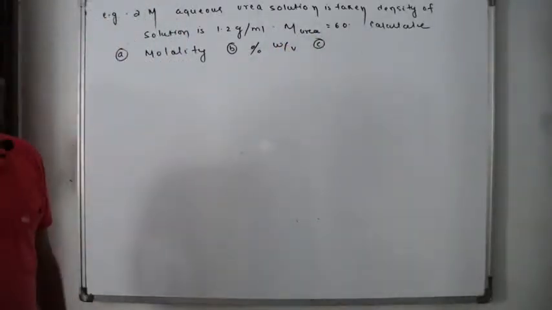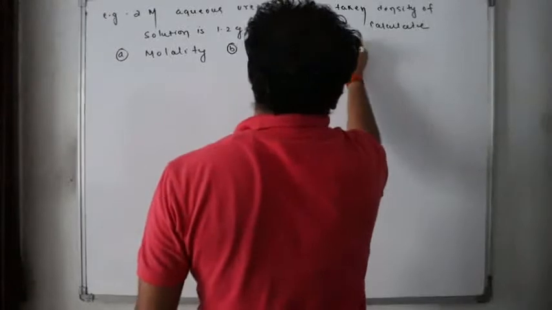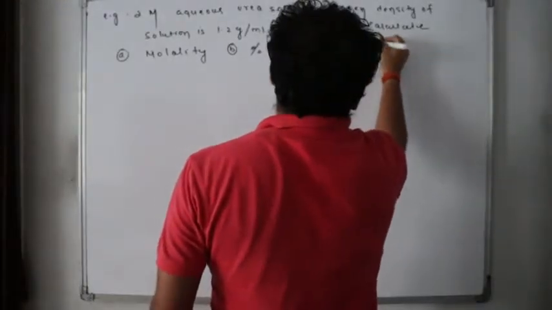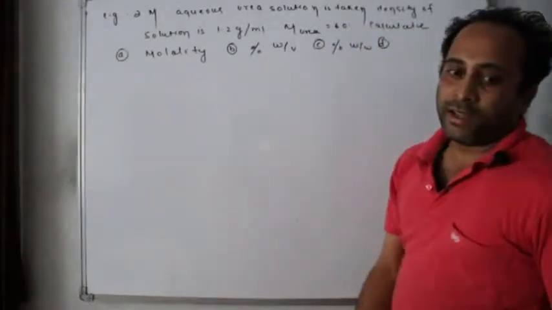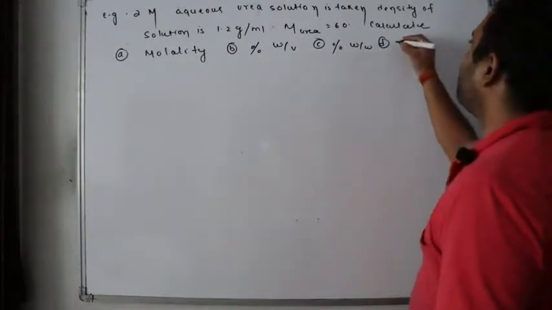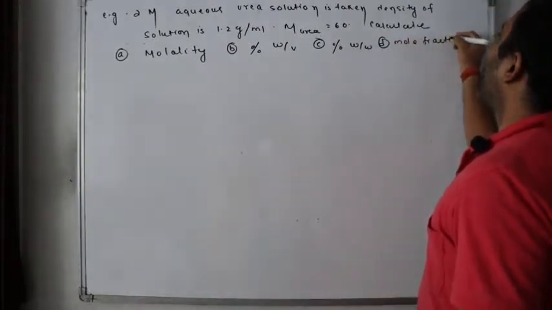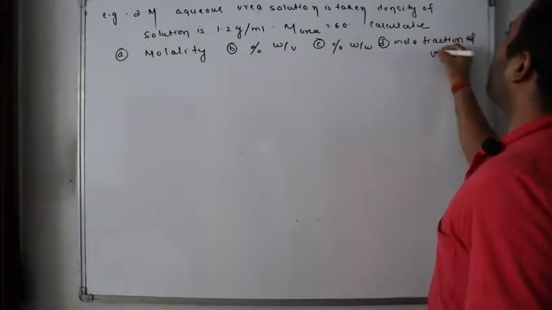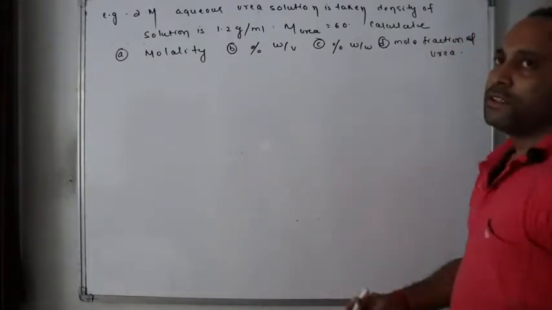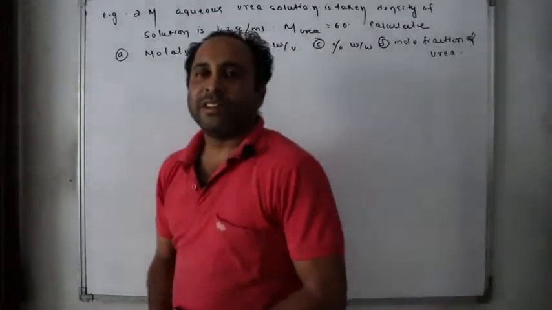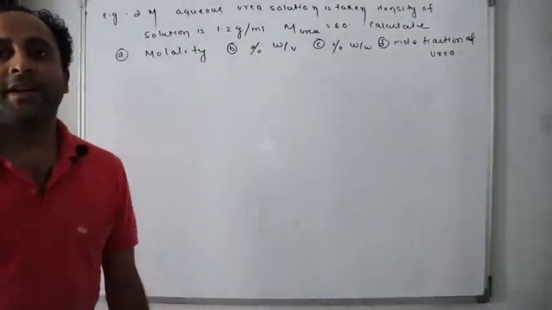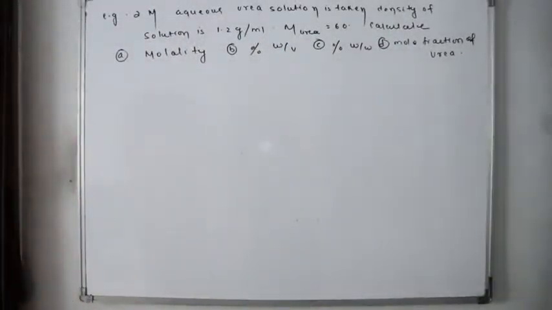C, percentage weight by weight. And D, mole fraction of urea. This is the question for you. If you try it out, then you can solve it out. Quick, take a pause and solve it.